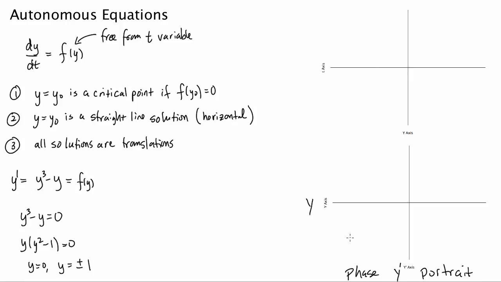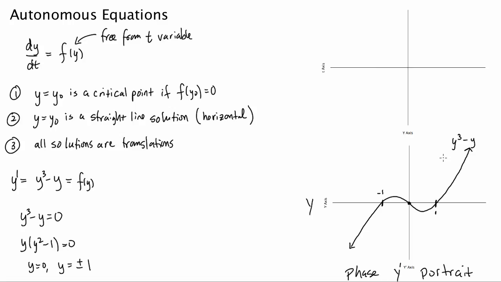So if I plot that function for this particular curve, it's going to pass through the points -1, 0, and 1. So let's draw this in. Alright, so there's the graph of y cubed minus y on the phase portrait.